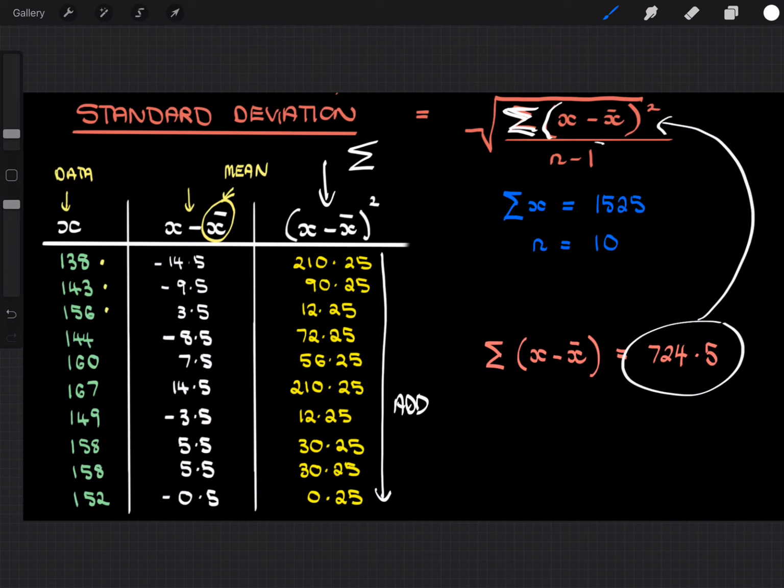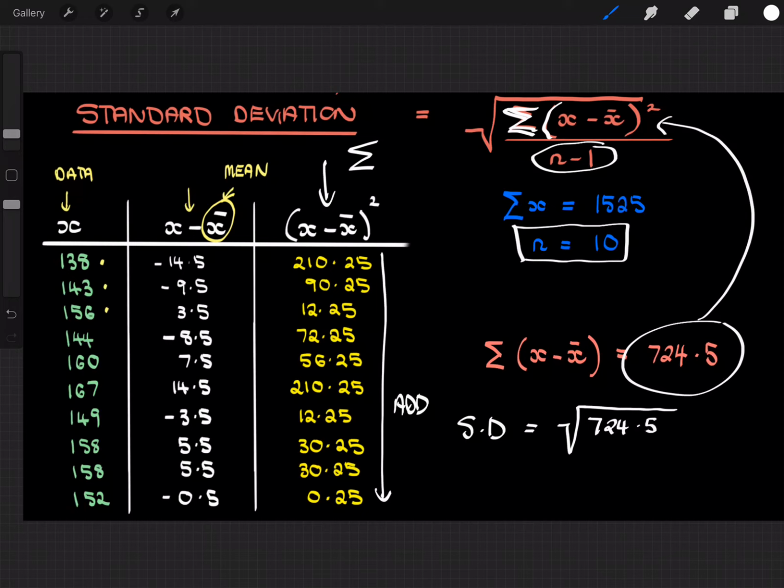On the bottom part, the n minus 1, well, guess what? N is 10, isn't it? So n minus 1 would be 9. So 9 is what goes in the bottom. And so our standard deviation is going to equal the square root of 724.5, the number on the top, divided by 9. 724.5 divided by 9 is 80.5.